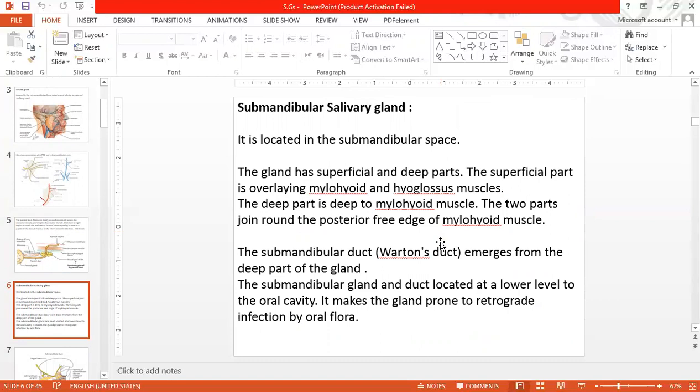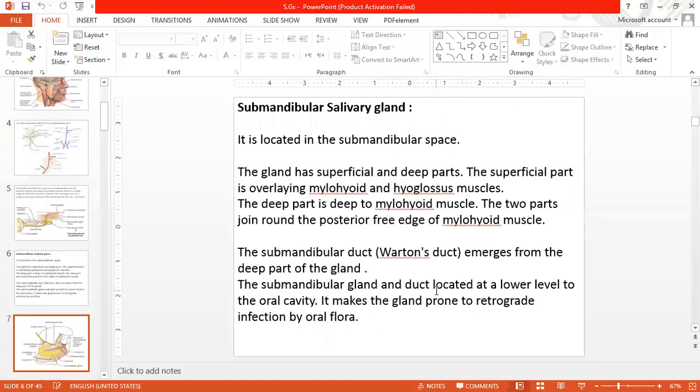So the joining point of these two parts is along the mylohyoid muscle. It has a duct called Wharton duct, which emerges from the deep part of the gland and opens on the summit of the papilla in the anterior part of the floor of the mouth. This duct is prone to retrograde infection by oral flora.